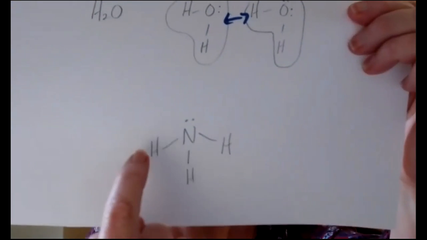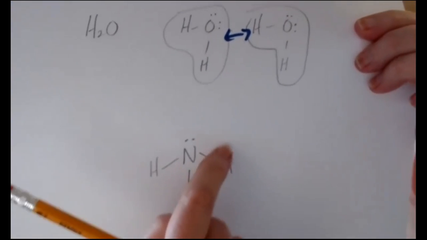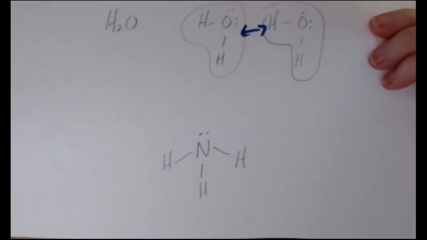That's nitrogen, oxygen, and fluorine, correct? N, O, or F. Like I'll do an ammonia one. Say I have this molecule, say this is ammonia. Do not draw or label these lines as hydrogen bonds. They are not.